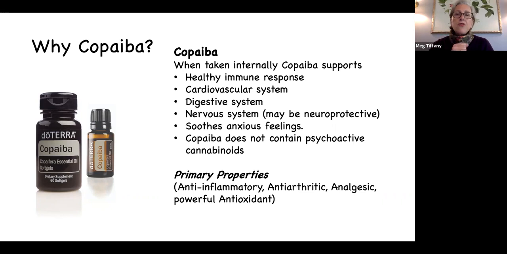Well, when we're injured, we can get inflammation immediately. We want that swelling because it helps in the healing process. But what we don't want is chronic inflammation where something swells up and stays swollen and you have this constant inflammation in the body. So Copaiba can really help with managing a healthy immune response throughout the body.